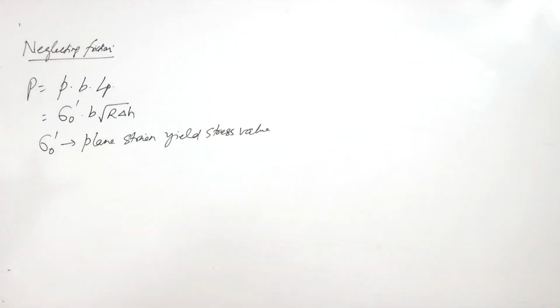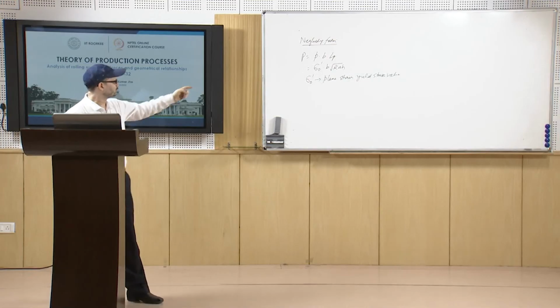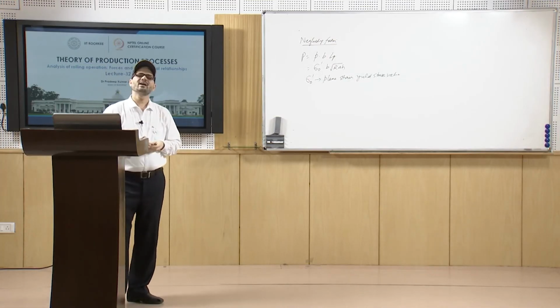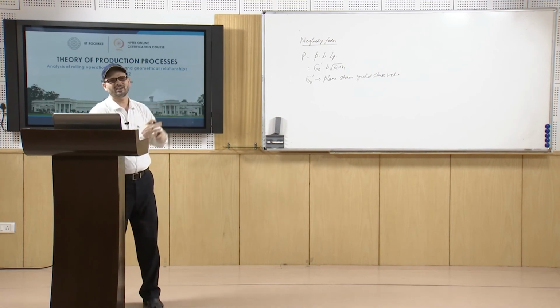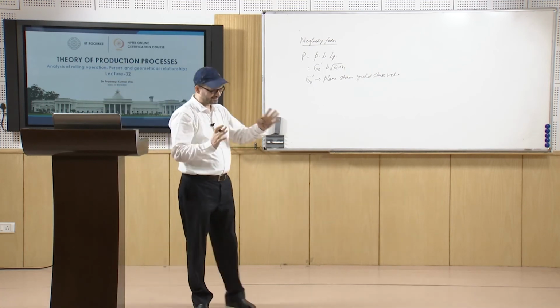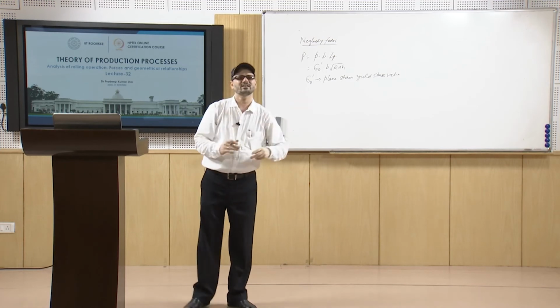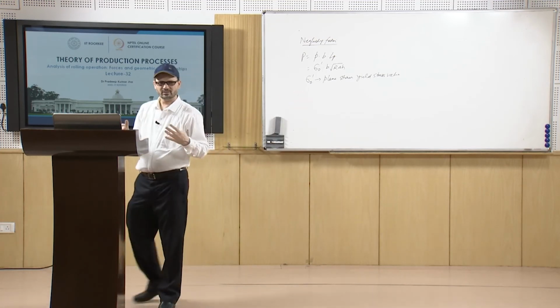In such situations you have to take this expression into account, because this is a case of plane strain, as we have fixed the width B. In one direction the strain is negligible, it is 0.